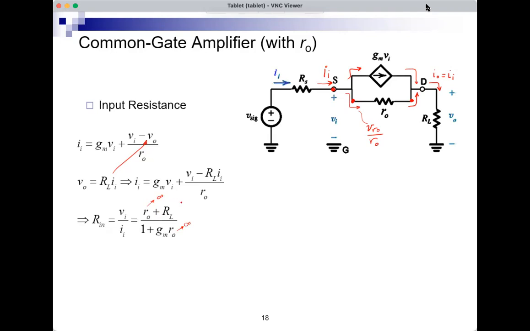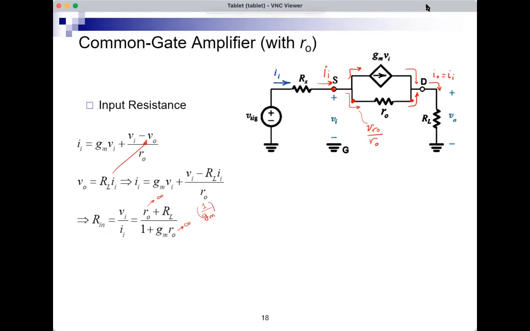Okay, that doesn't help a lot. Maybe we can use some techniques from calculus, L'Hopital's rule or something like that. So take the derivative of this with respect to RO, 1. Take the derivative of this, GM. Oh, perfect. So that's 1 over GM as RO goes to infinity. And that's consistent with the previous result.